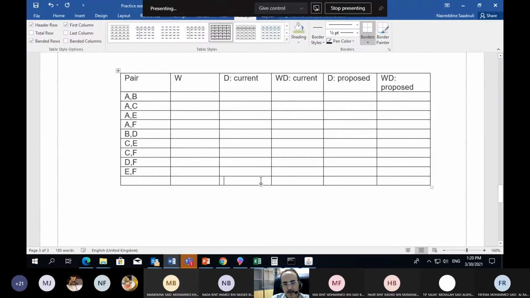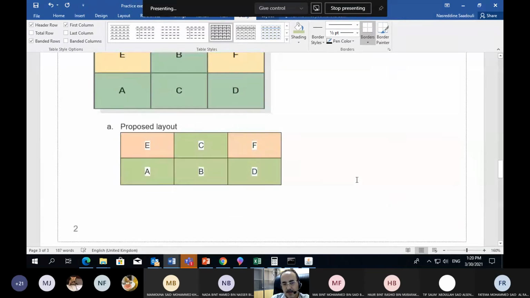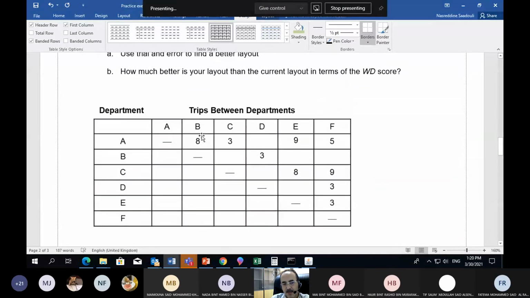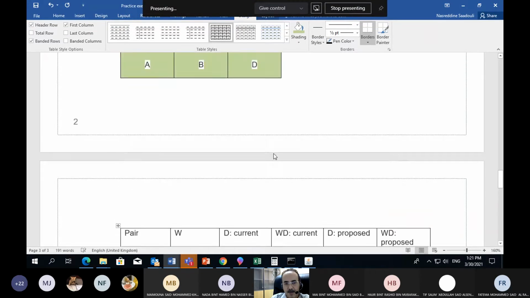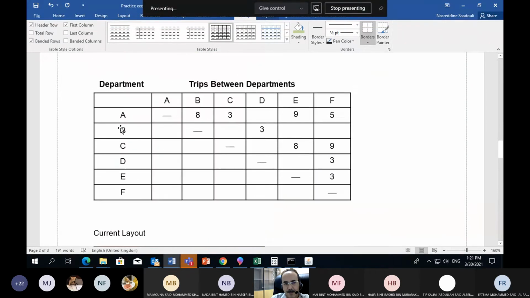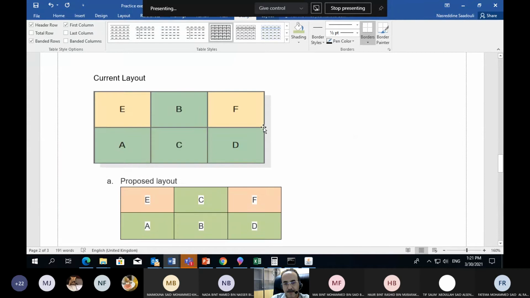And we're going to have the total. All right. The weights are directly from the table. So AB, the weight is 3, and AC 8, AE 3, AF 5. BD, the weight is 3.